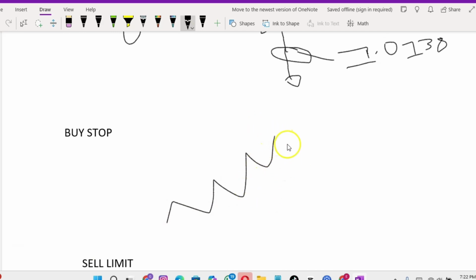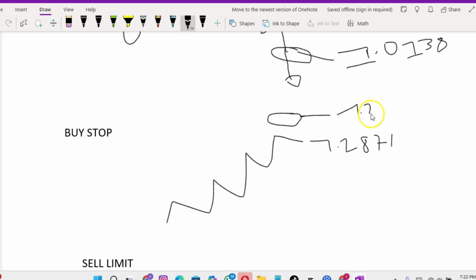Now, you want to enter this market, but you don't want to enter at this price here. Let's say this current price is 1.2871. You don't want to get in at this current market price. So what you do is place a pending order somewhere around here at a particular price.